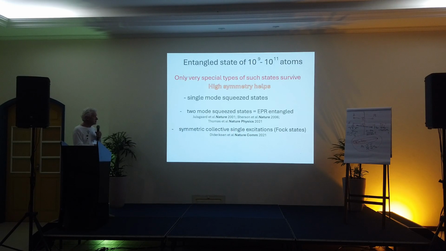And they also can be symmetric collective single excitations. I didn't talk much about that, but you can generate a single excitation distributed among the atoms, and that will be like a Fock state of a spin, which is distributed among the macroscopic number of atoms.